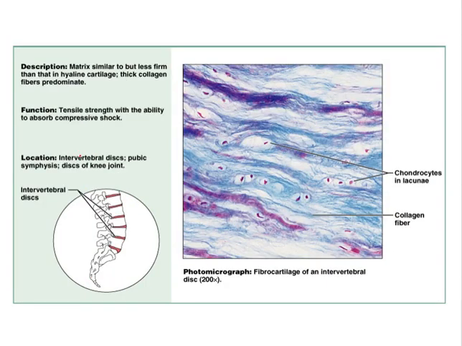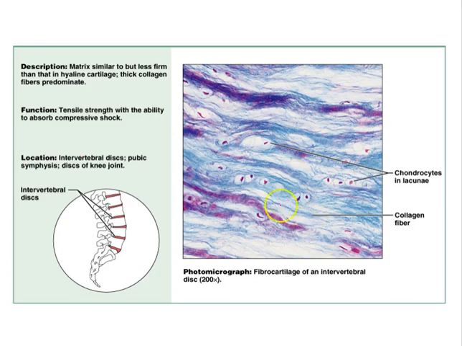larynx. Next, we have fibrocartilage, which is the strongest type of cartilage in our body. It is found between the vertebrae at the intervertebral disc, at the pubic symphysis, which is the joint between the right and left hip bones, and the meniscus of the knee joint is also made of fibrocartilage. It is a very strong cartilage, and the collagen fibers give it strength.